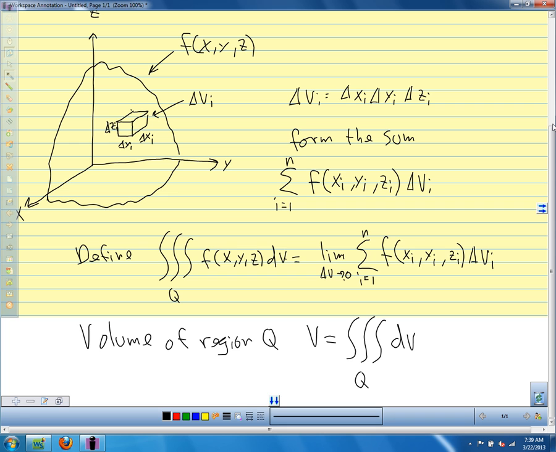So just like we could take the double integral of dA to get the area of our region, we can take a triple integral of dV to get the volume of our solid region. Triple integrals are going to have a lot of the same properties as single and double integrals: we can add them, we can multiply them by a constant, etc. I'm not going to list out all of those properties, but you can review them on page 1024, properties of triple integrals. They're all those familiar properties that we use for single integrals.